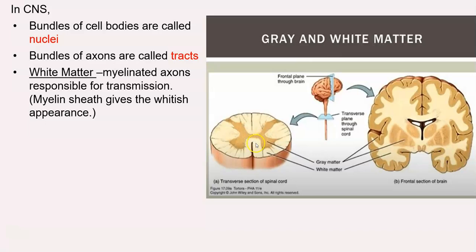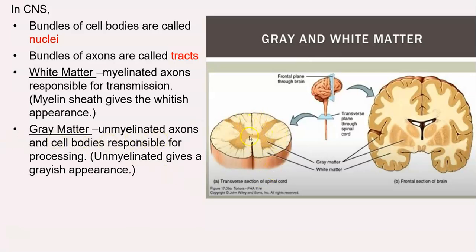So if it's white matter, it's myelinated. Gray matter is not myelinated. It's unmyelinated, still those axons that we're seeing. Unmyelinated gives a grayish appearance when we cut into it. So this is all unmyelinated, and this is all myelinated. That's the difference between white and gray matter.